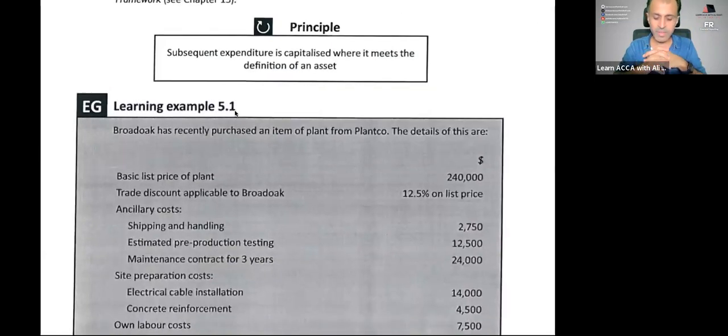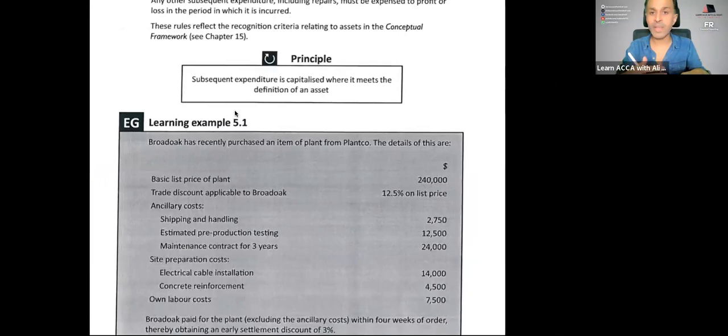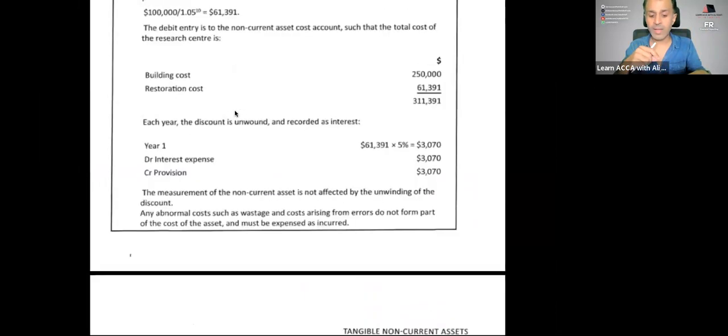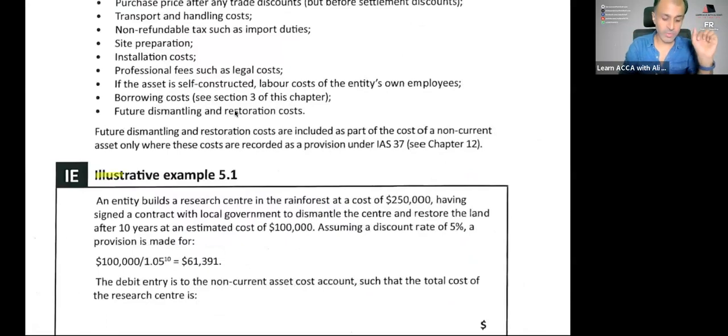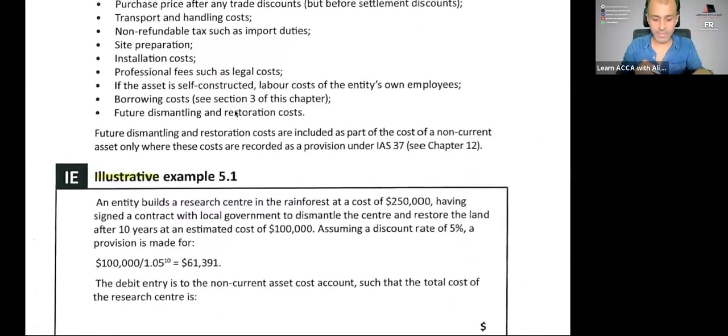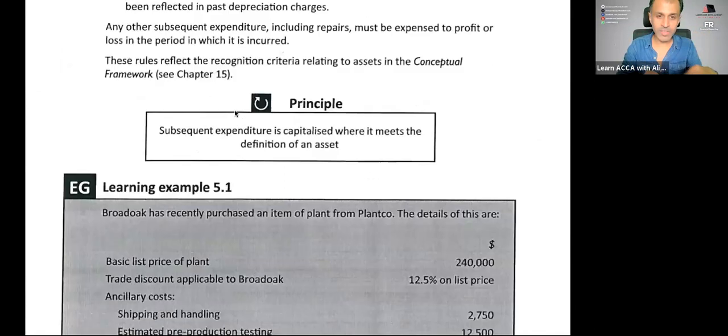Broaddock has recently purchased an item of plant for Plantco. Now, by the way, there are two types of examples you will find in my lecture notes. The one is called illustrative example. Please watch it. The other one is called learning. Can you see the difference of both? Apart from the words illustrative and learning, what will immediately click is the color.